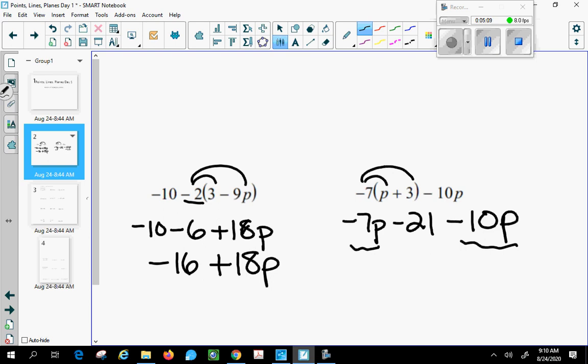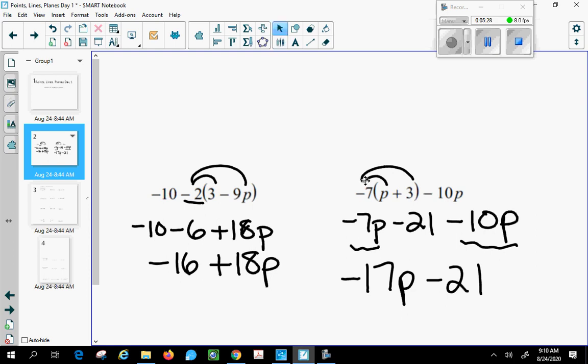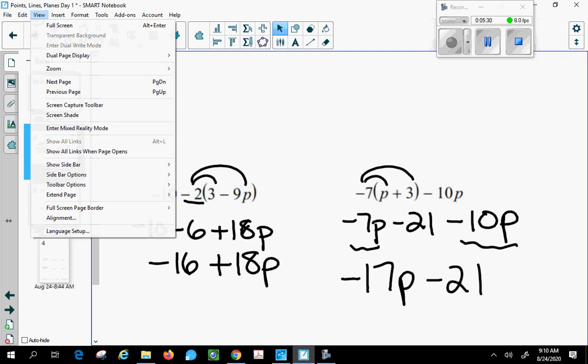So negative 7p minus 10p is negative 17p minus 21. And so that is how we combine like terms and how we distribute.